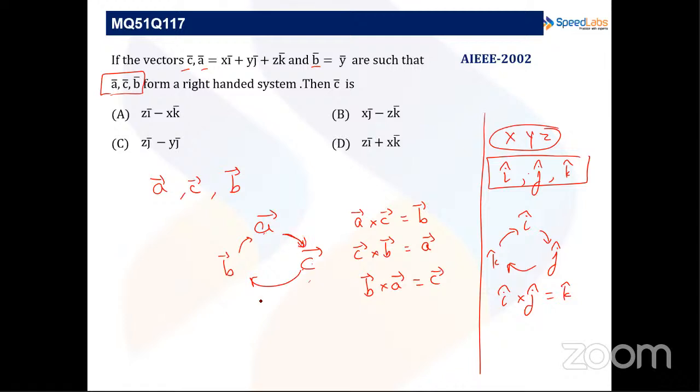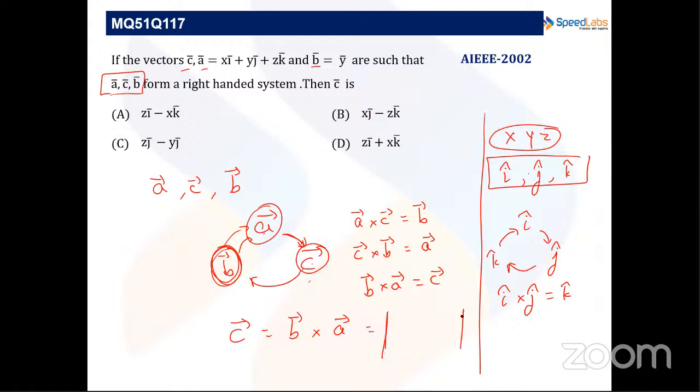So we have to find C. So C is equal to the cross product of B and A.